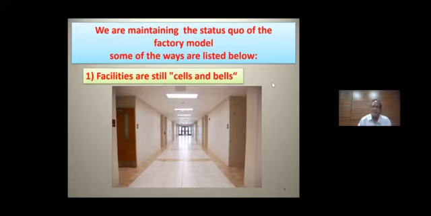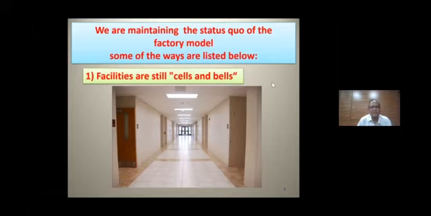Students are pushed inside and sit in rows and columns, and something goes on inside the classroom. Then they come out and go to a different room, another cell. When the bell rings, they change the classroom and change the subject. These are all things that happen in industry. Our education system must be entirely different from that. That is why we need a drastic change in our educational system.